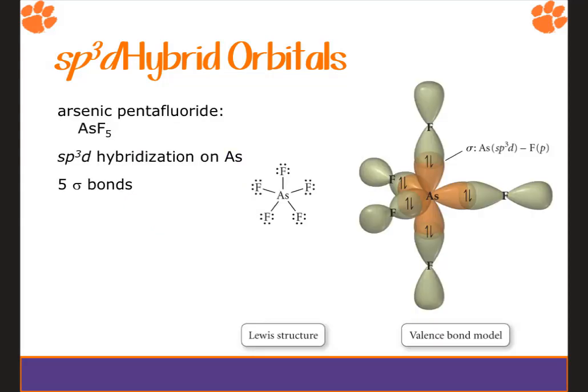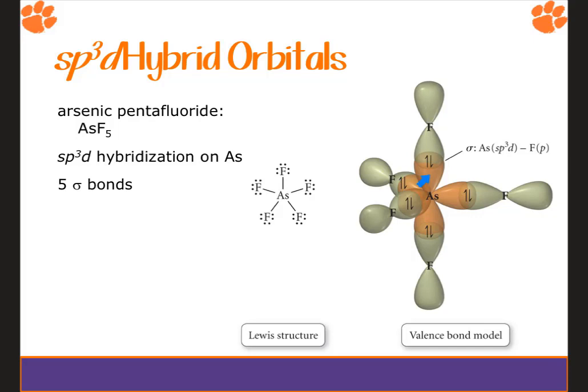So again, looking at arsenic pentafluoride, AsF5, we see that arsenic has 1, 2, 3, 4, 5 areas of electron density around it, which means it's going to need to access the sp3d hybrid orbitals because it needs 5 of the same type of orbitals. So these guys come together and it's going to make 5 sigma bonds.